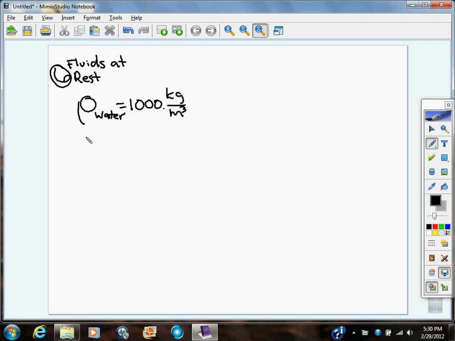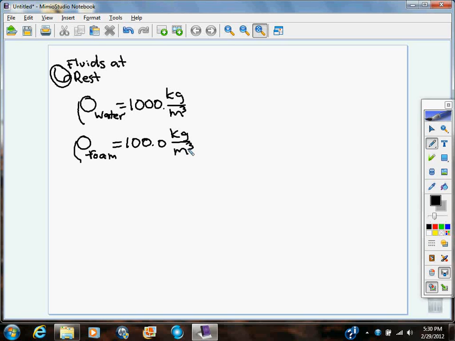Now, if the density of that foam equals 0.1 times water, that means you get 0.1 times 1,000. That will give you a density of 100 kilograms per meter cubed.